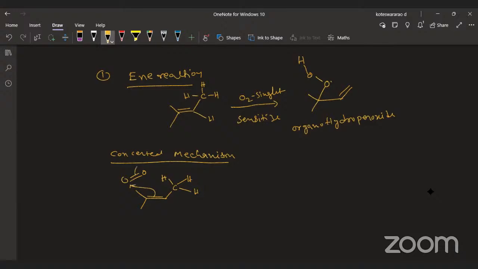The oxygen electrons can be donated to the hydrogen.